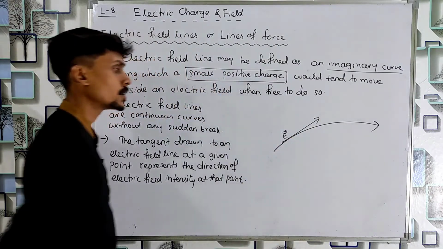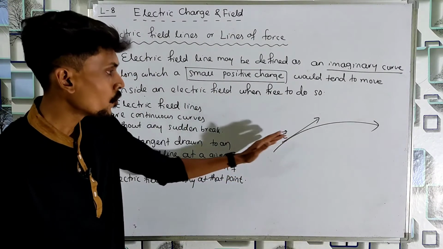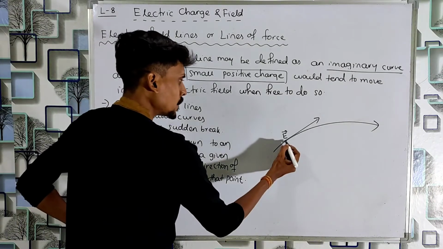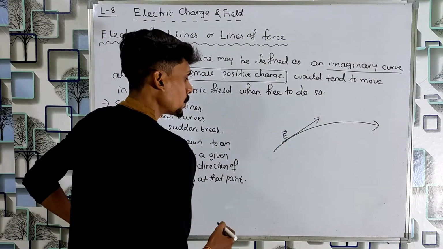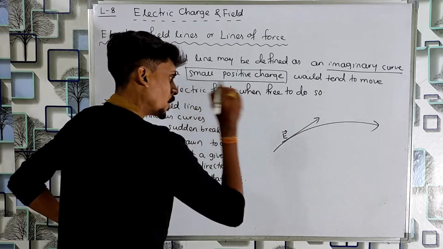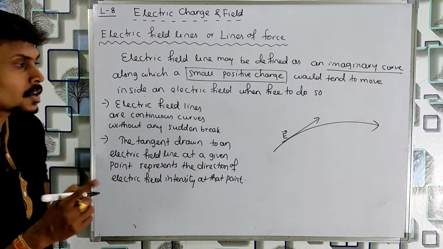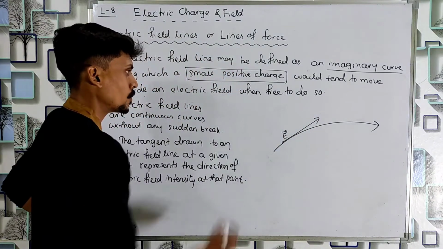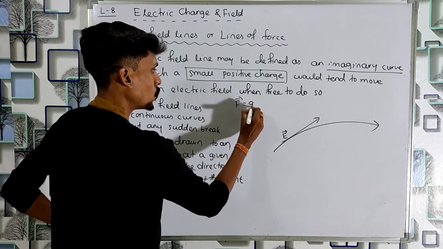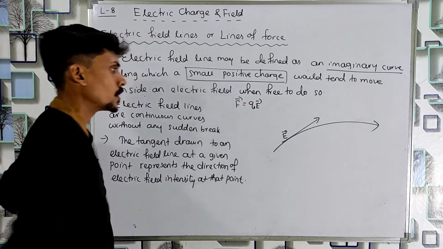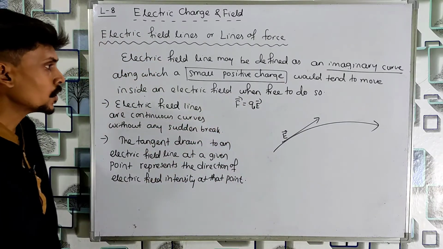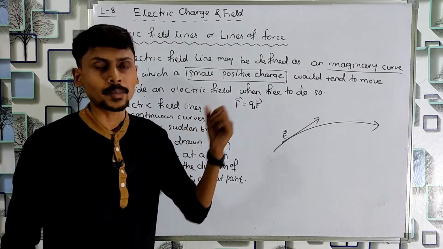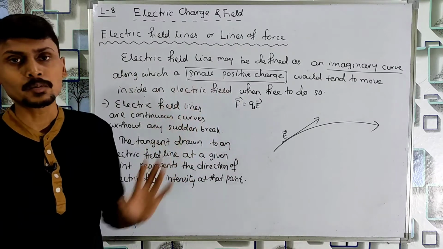The direction of electric field intensity at this point will be along this tangent. And if electric field intensity is directed along this tangent, it means the electrostatic force acting on the test charge will also be directed along the same direction, because we know that F vector equals Q naught into E vector. Q naught is a positive charge. So the direction of electrostatic force is the same as the direction of electric field if we have a positive charge.